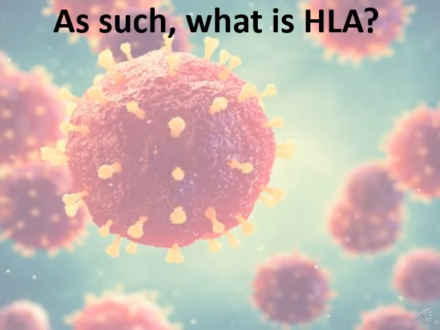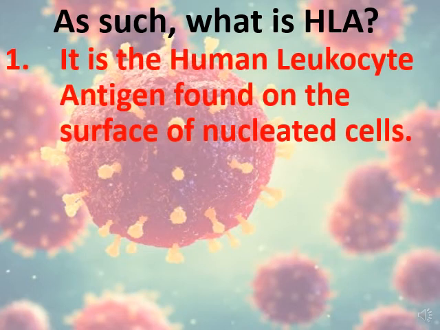Let's move now to something: HLA. The definition: it's called the human leukocyte antigen. H for human, L for leukocyte, and A for antigen. Where is it found? It's found on the surface of nucleated cells.